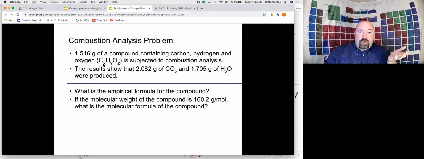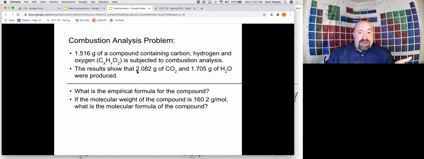What we're going to do is actually find this x, y, and z. We're told that when we send this through our combustion analysis, we are able to collect 2.082 grams of CO2 and 1.705 grams of H2O. Using that information, we're going to be able to calculate the empirical formula of this compound.